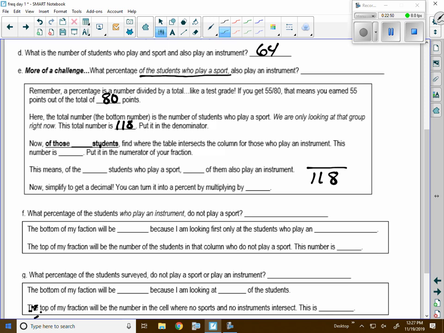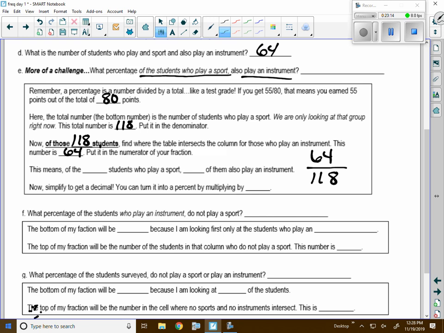Now, of those 118 students, we want to know how many of them play an instrument. So find where the table intersects that column for playing an instrument. What's that number? 64. That's our numerator.